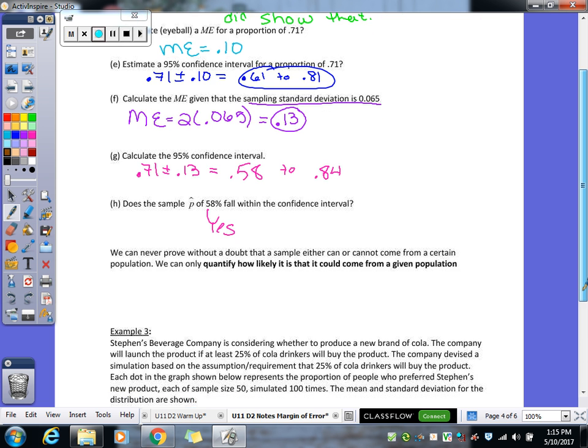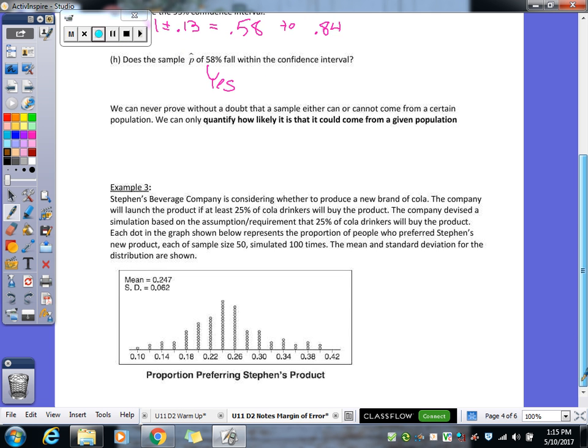All right, let's try another one. We have a beverage company trying to test a new brand of cola. They will launch the product if at least 25% of their drinkers will purchase the product. So they devised a simulation based on the assumption that 25% of the cola drinkers will buy the product.